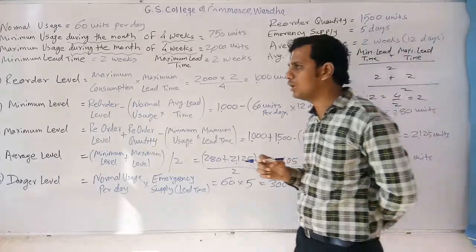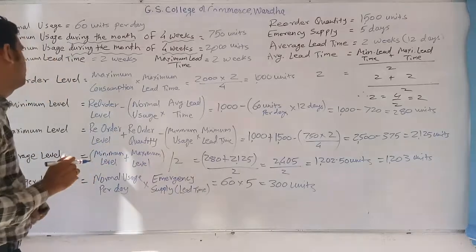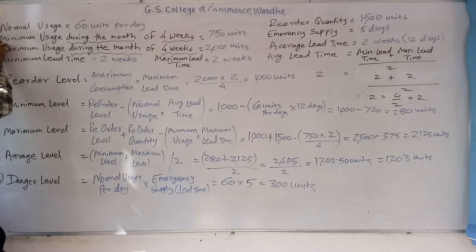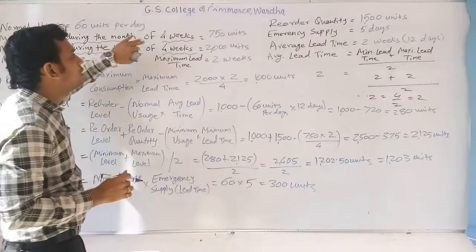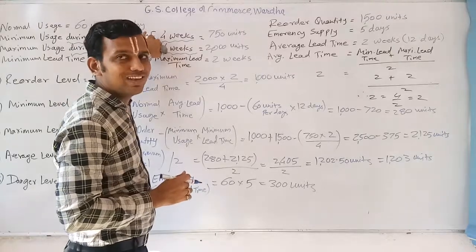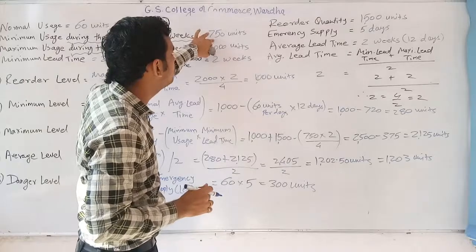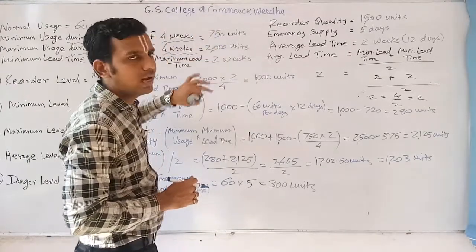The second thing we need to note in this question is the pattern of giving the question, regarding the minimum and maximum usage. It is given in a monthly pattern, written as 4 weeks. It means that a month comprises 4 weeks, and the monthly minimum and maximum consumption of that unit is 750 and 2000.